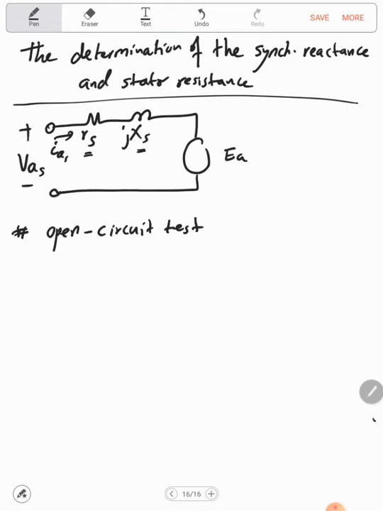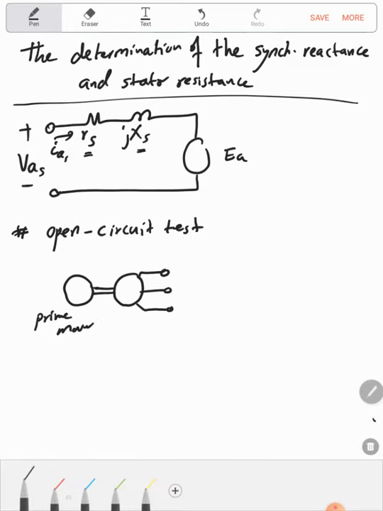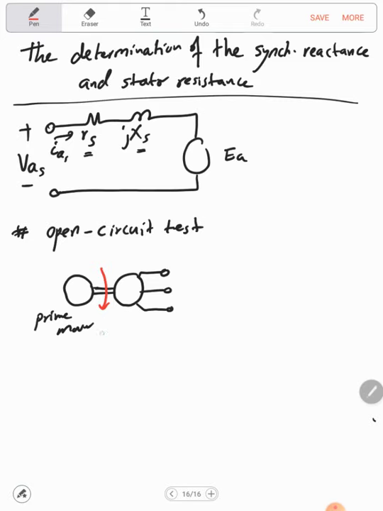So now the terminals of the machine are left open, and the shaft of the machine is connected to a prime mover such that the shaft is rotating at constant speed, omega equal to omega E, and this one is constant.